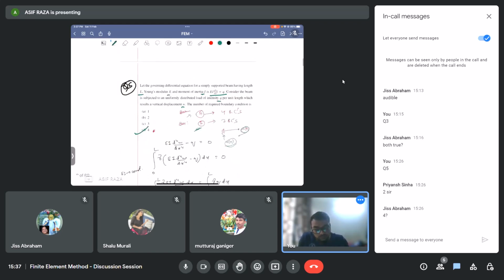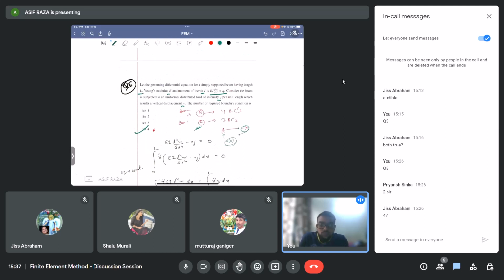So these boundary conditions come in pairs, like the number of essential boundary conditions and the number of normal boundary conditions will come out to be equal. So if you see, in the essential boundary conditions the order of the derivative is on the lower side, while the normal boundary conditions involve higher derivatives.